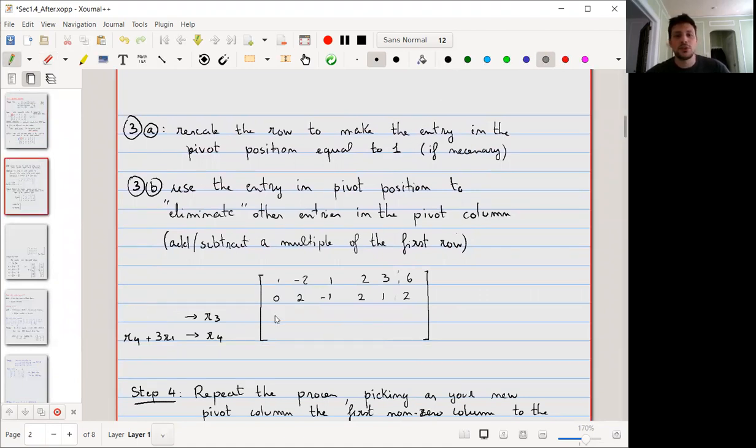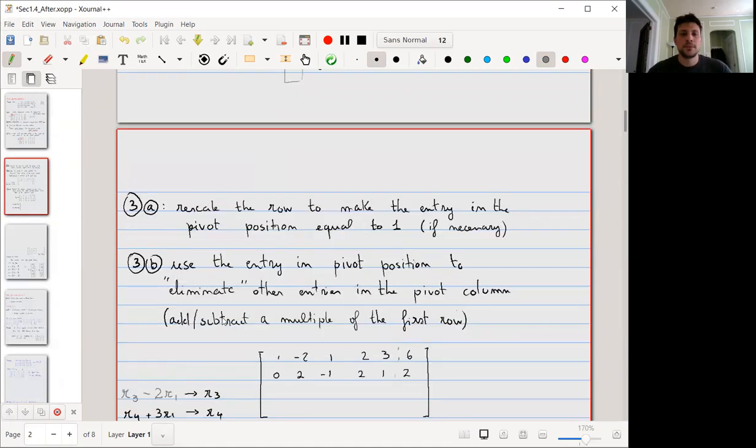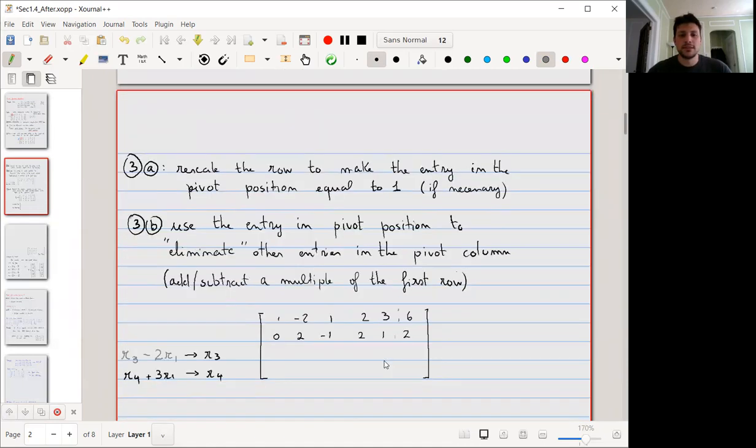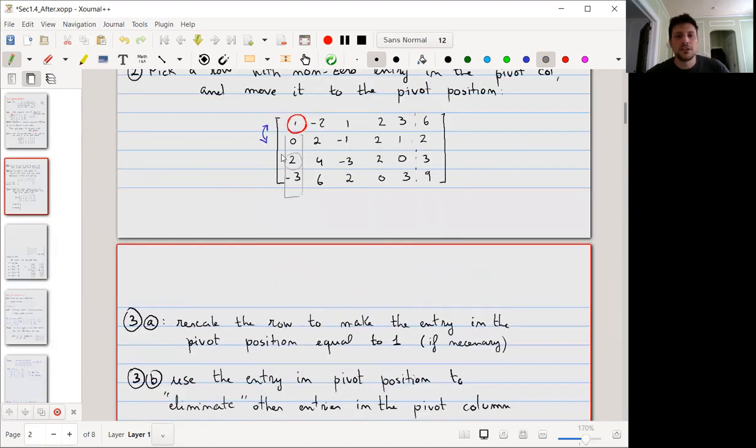To eliminate the 2 that was in this row, I will take that third row and subtract from it twice the first row. If we do that, the result is the following. Let me copy this row.